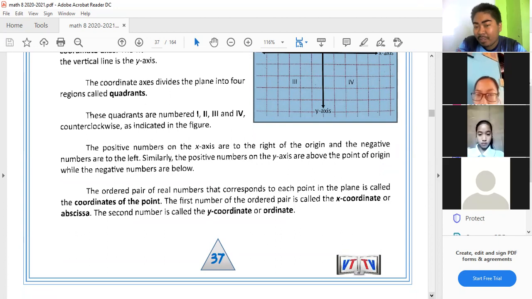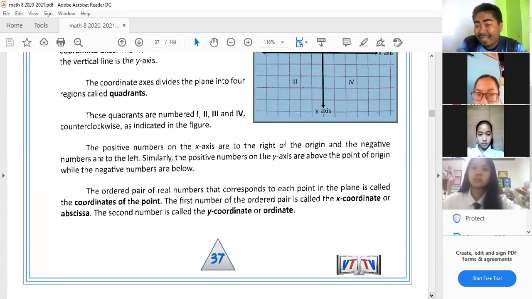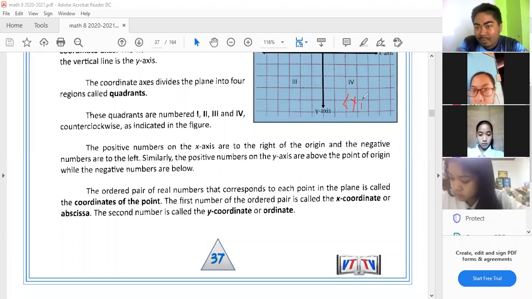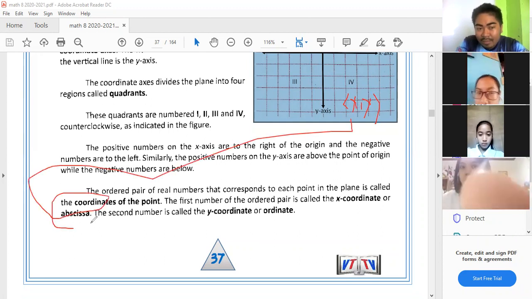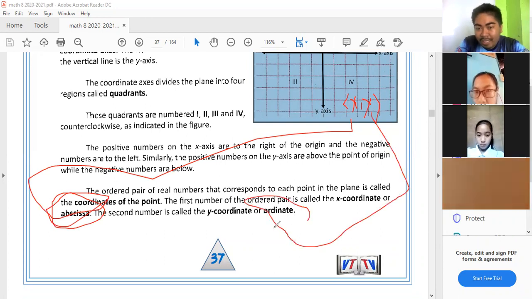So, the first number of the ordered pair is called the x coordinate, and sa y naman is y coordinate, or tinatawag natin yung x coordinate natin na abscissa, and yung y naman as ordinate.